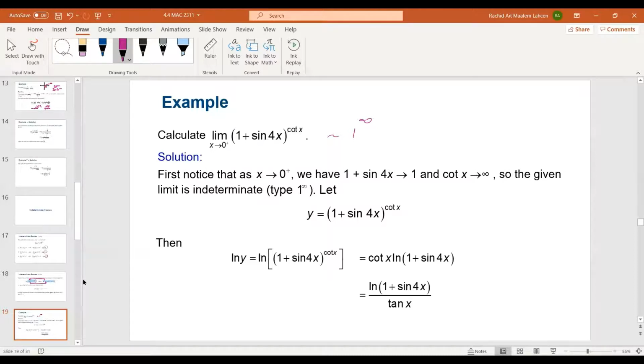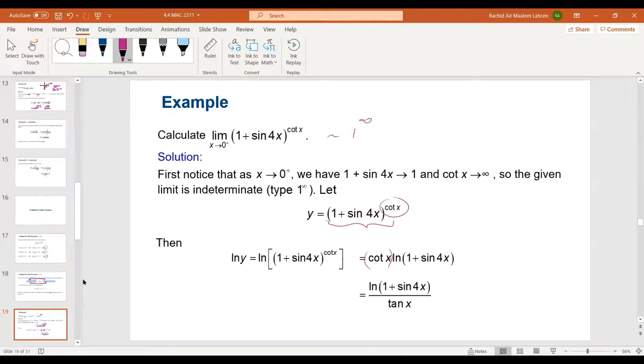We just say, let's deal with this part here by itself, this y by itself, and you take a natural log of both sides. When you do that, we know the power rule for the log allows the cotangent to come to the front as a multiplication.